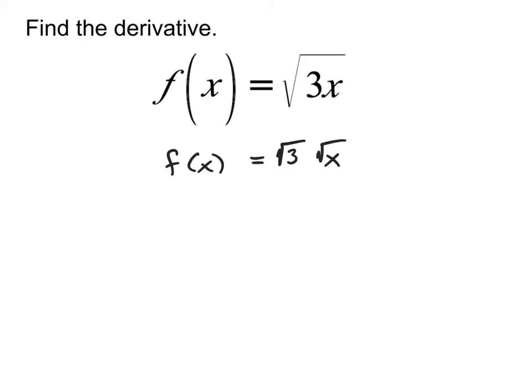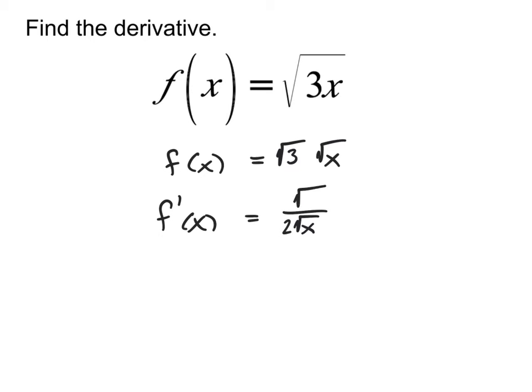because root 3 is still a constant. And so we then could go ahead and do the same thing that we did last time from here. And so it's going to be the derivative of the root x, so that gives me 1 over 2 root x. And then this is being multiplied now by the root 3, which means that I can then just simplify it a little bit here and put that root 3 on the top.